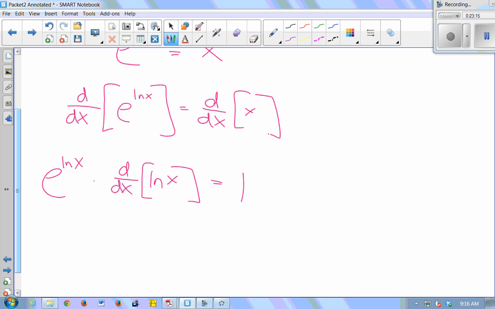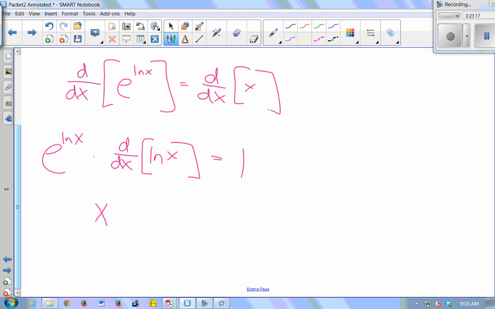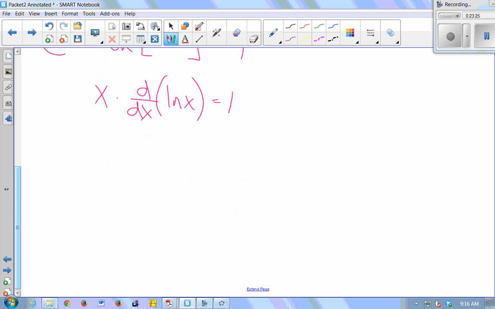X. So this says that x times the derivative of ln x equals 1. Divide both sides by x, and we get d dx of ln x is 1 over x.